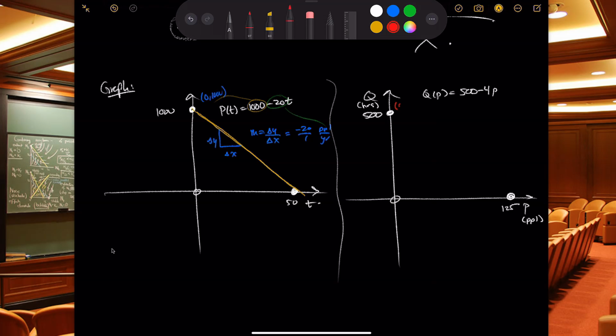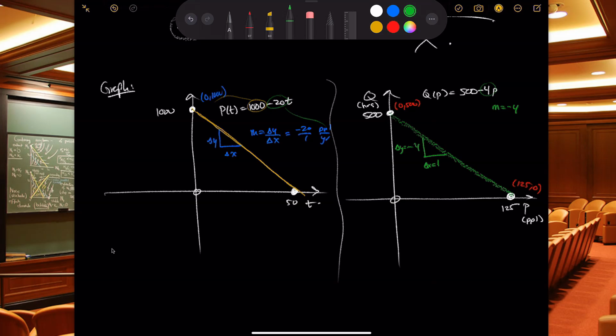So this is 0, 500. This is 125, 0. And now you have everything you need to know about this line. You've got 2 points, which you can get the slope from. But we also know the slope is negative 4, which means down 4 over 1, as my delta y over delta x.